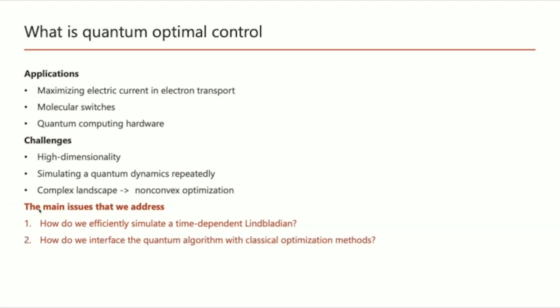Now, the second part of this is a classical optimization algorithm. And so I'll talk about the optimizers that we are using and how to interface these two components. And toward the end, I'll summarize the overall simulation complexity.